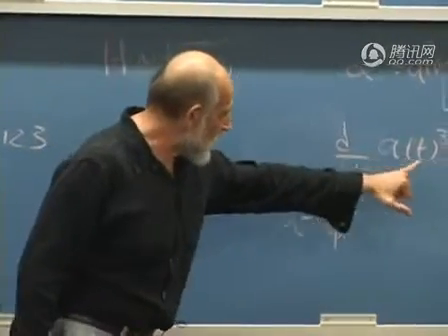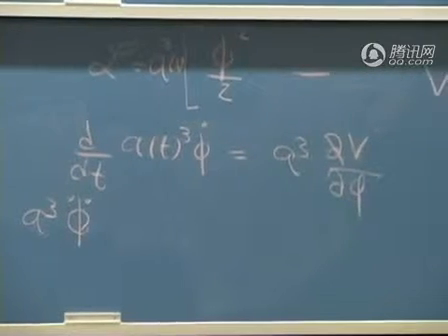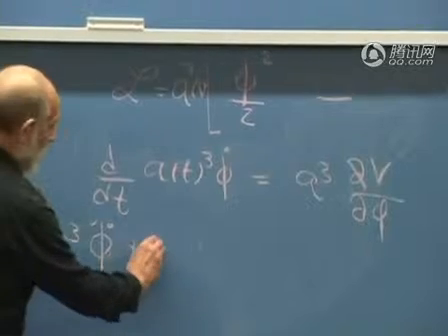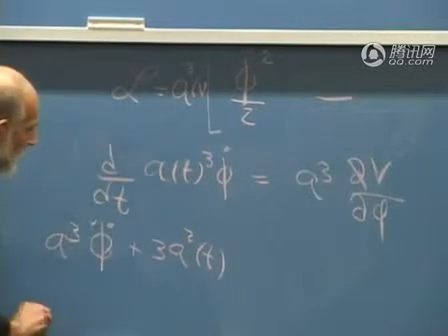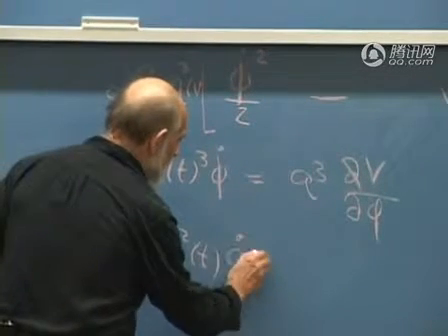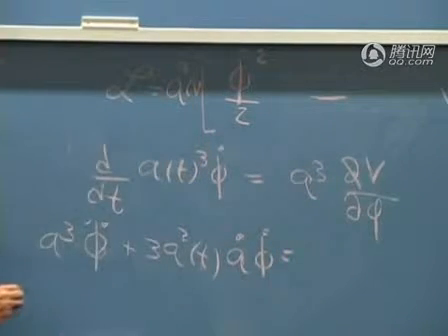That's one term. And what's the other term? The other term comes from differentiating the a cubed. And that's 3a squared of t times a dot times phi dot. And that's equal to a cubed dV d phi.